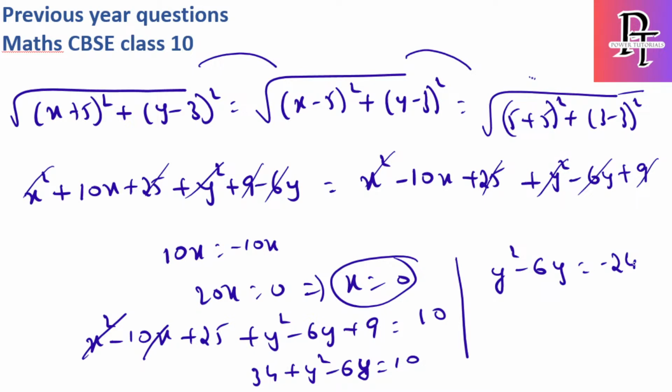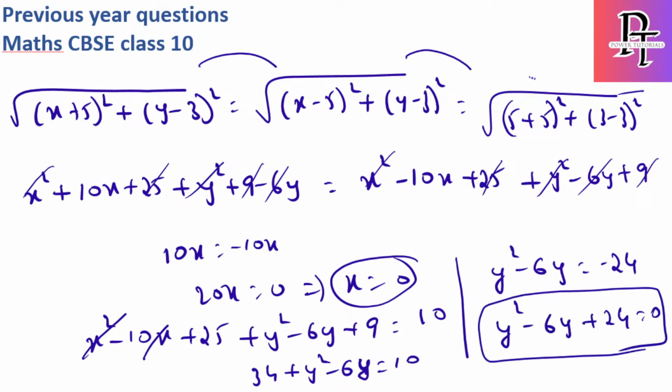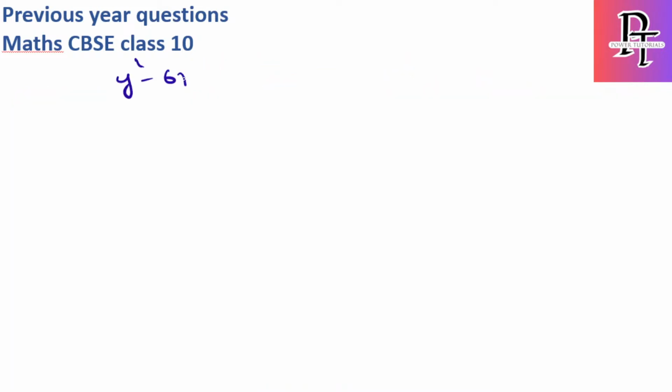So you have to use the quadratic equation formula, get the y value. Y square minus 6y plus 24 is equal to 0. Okay, so you have to use the formula itself.